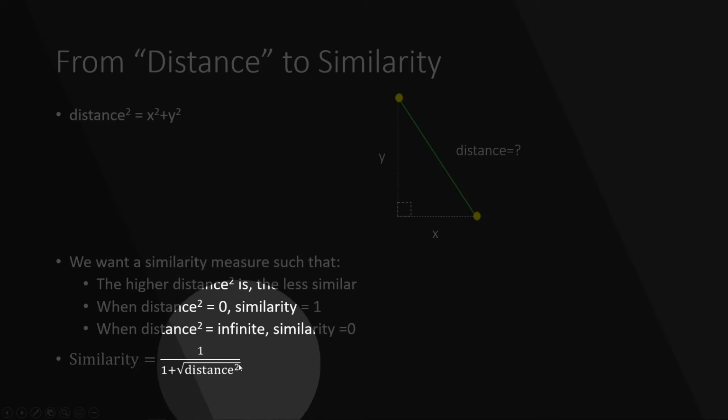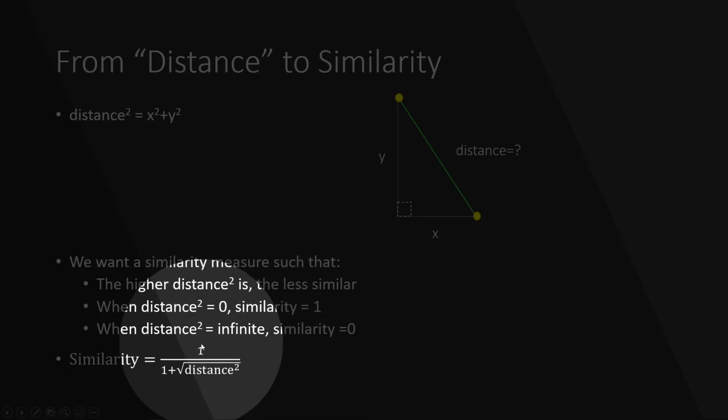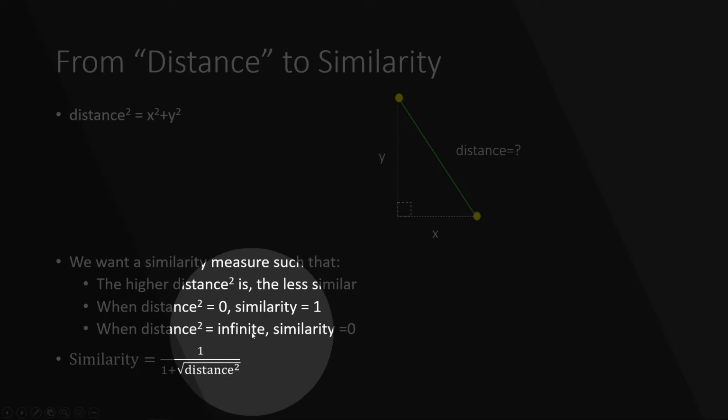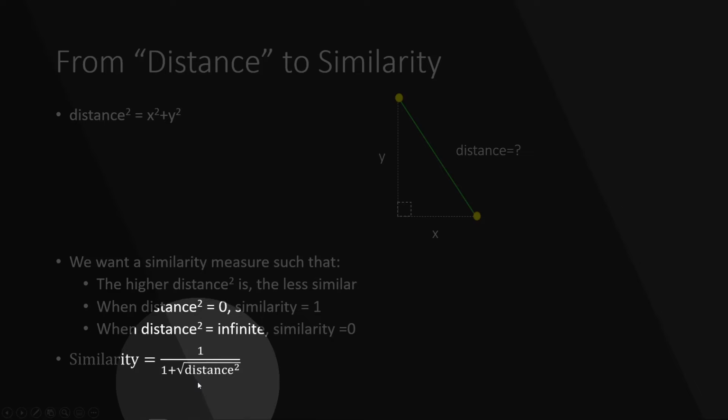First, when distance increases in the denominator, similarity would decrease. Second, when distance is 0, so if this number is 0, it becomes 1 divided by 1 plus 0. So similarity becomes 1. That's the number 2 we have listed out.